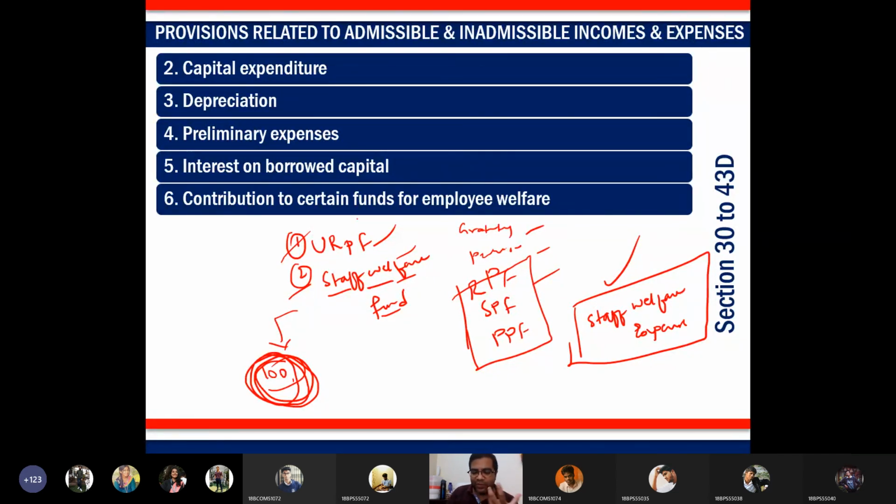As an employer, as a shop owner, I celebrate the birthday of my employees. That is a staff welfare expense. I'm giving mineral water, beverages, tea and coffee to all my employees. All these are considered staff welfare expenses. So there's a difference between fund and expense. Don't get confused. Fund is not allowed, but staff welfare expenses are allowed.